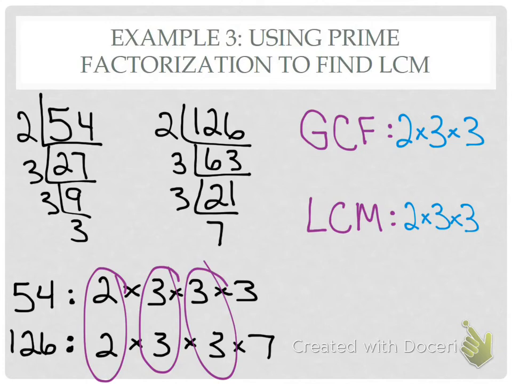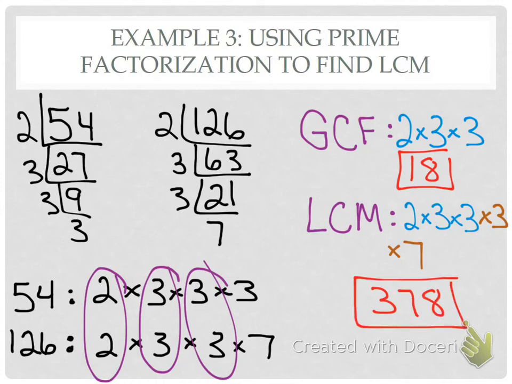But what's the difference? With the LCM, I have to now multiply in my what? Yeah, I got my GCF in there. 2 times 3 times 3. Okay, but now with my LCM, what do I still have to do? 3 and 7 for my LCM. So GCF is 18 and LCM is 378.